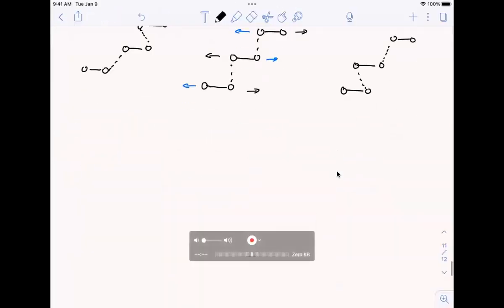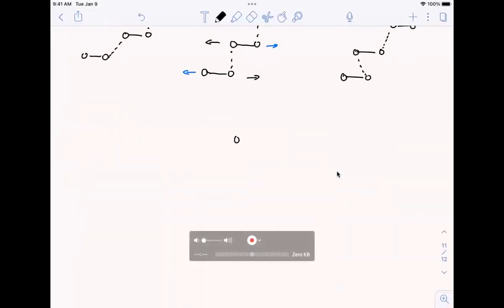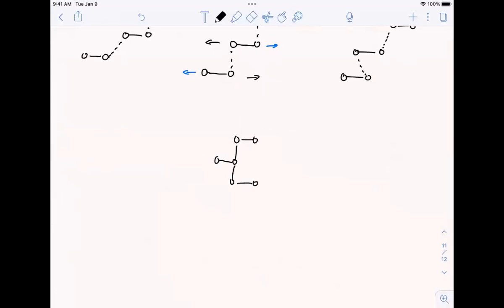Let me just draw it, I think that would be easier to visualize. Okay, so this one will move to one side. So eventually, you get this.